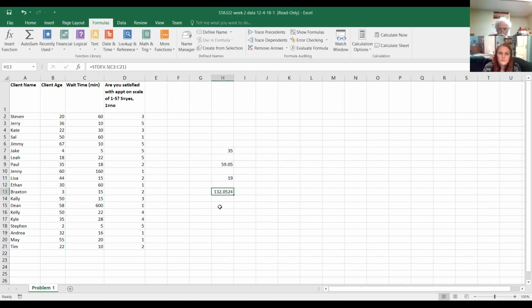Now, I'll tell you from my own experimentation, the standard deviation drops significantly if we remove this 600. We only would calculate that if we could justify not including it. And if we further remove this other one, which is way far outside the norm, remember the median here is 19, so 160 is way outside that median.